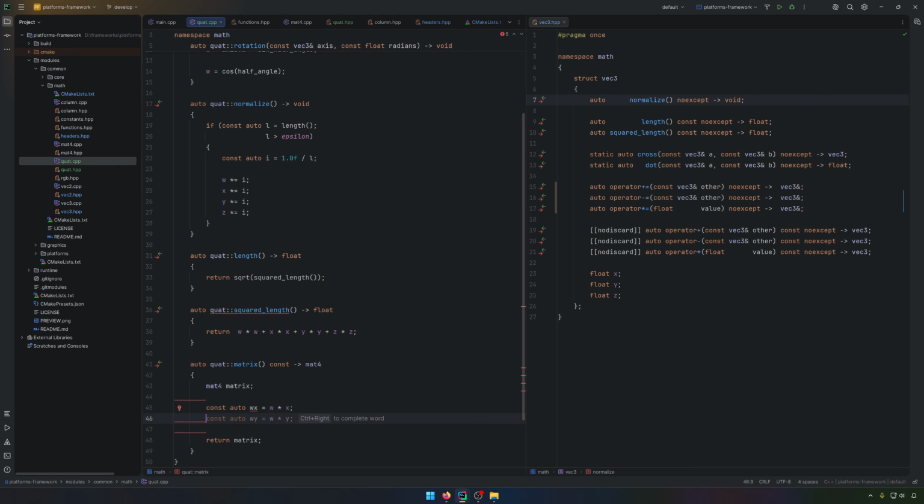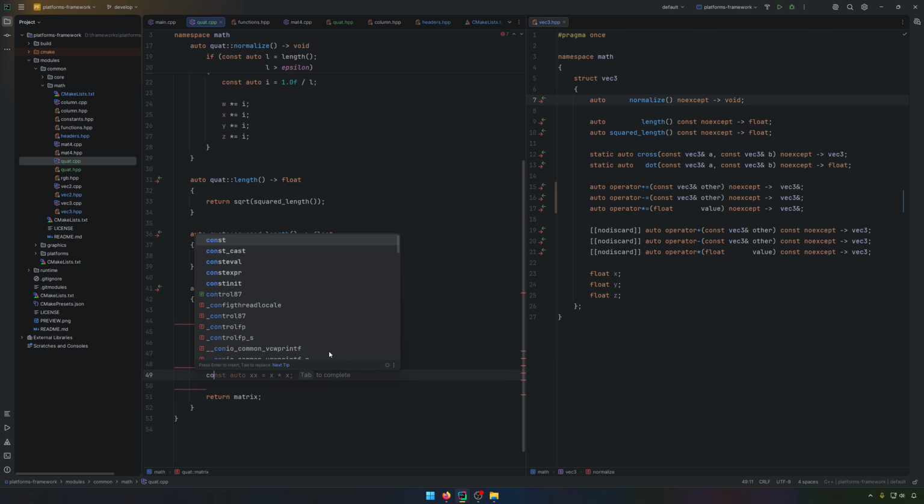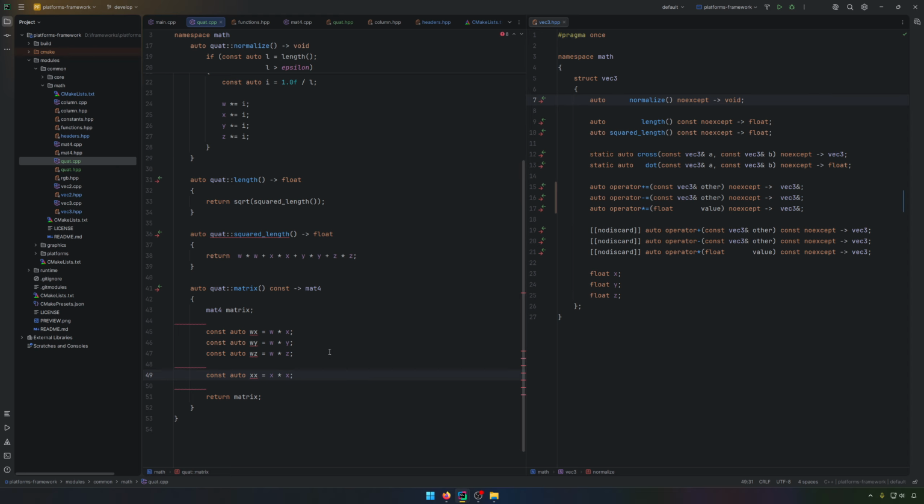This is the first one. We'll have something for the w and y, and the same for w and z. After that, we need to do something for the x, the same xy, and the same for the z, xz.